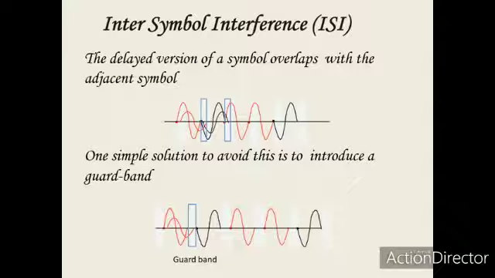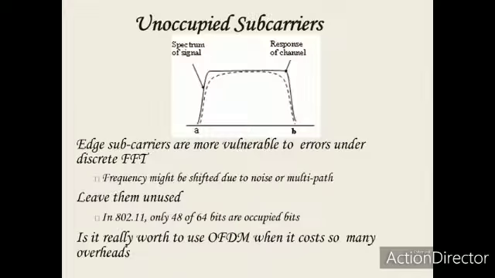Then we are going to see about the occupied subcarriers. In these subcarriers, the edge subcarriers are more vulnerable to error under the discrete Fourier transform. The frequency must be shifted due to noise or multipath, so leave them unused.